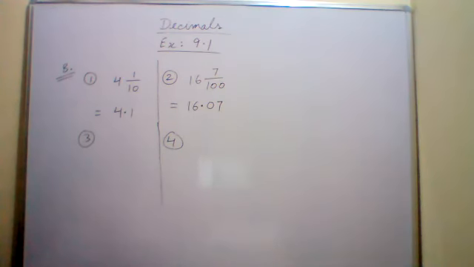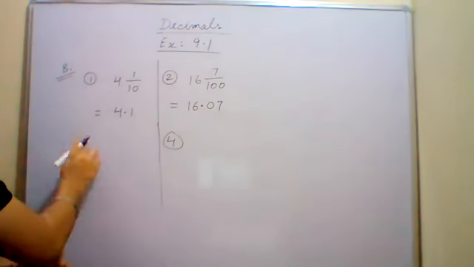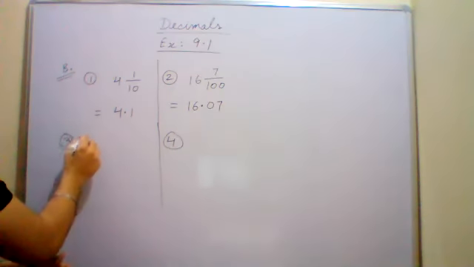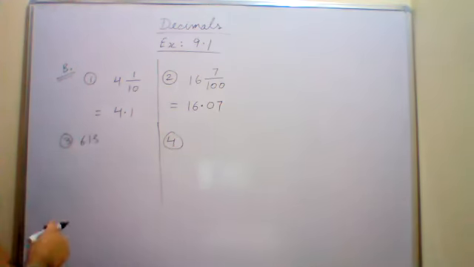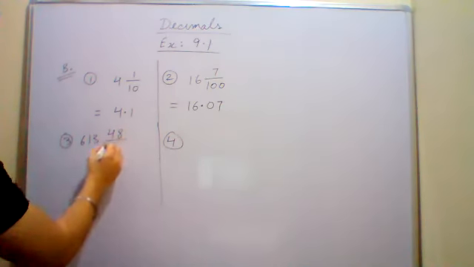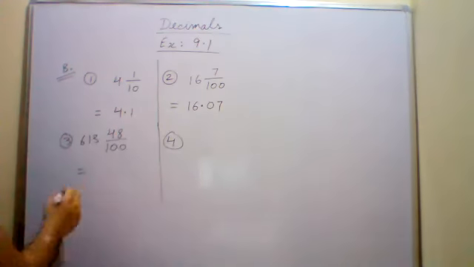Sir, please explain first and second as I left the meeting because of network connection. We have to do only 4 questions, so tell only question number 4. 613 whole 48 upon 100. This is your question. I am explaining you this one. You will understand first and second.